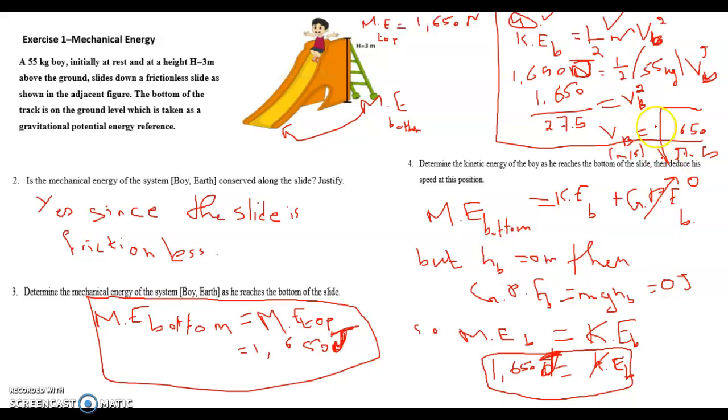Then vB is the radical of 1650 divided by 27.5, and the answer is equal to 7.74 meter per second.